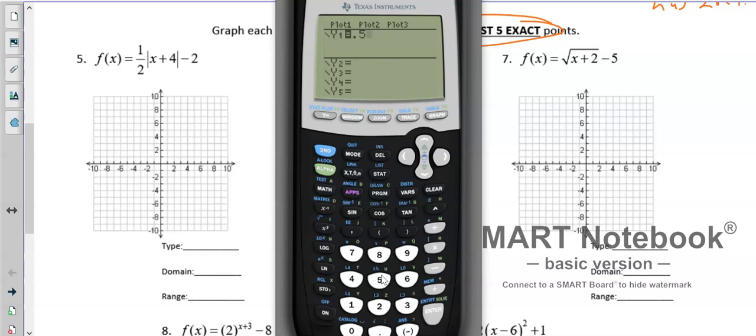Absolute value. Remember, absolute value is under the math key. Over here to number, absolute value. Put in x plus 4. Come outside the absolute value and put -2. Hit graph. Let it do the heavy lifting for you.